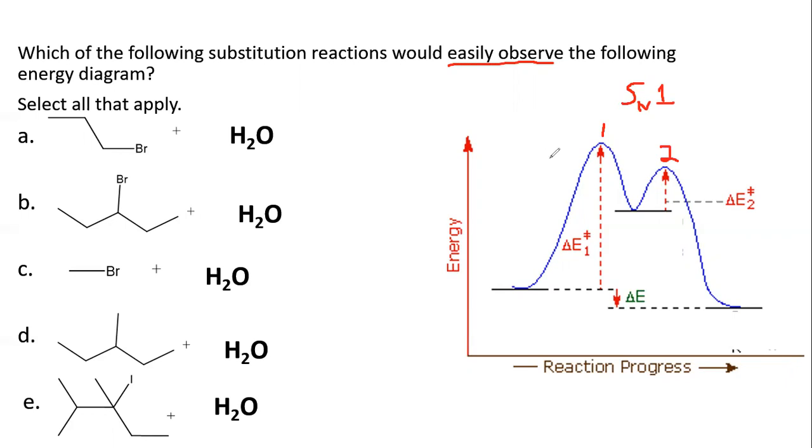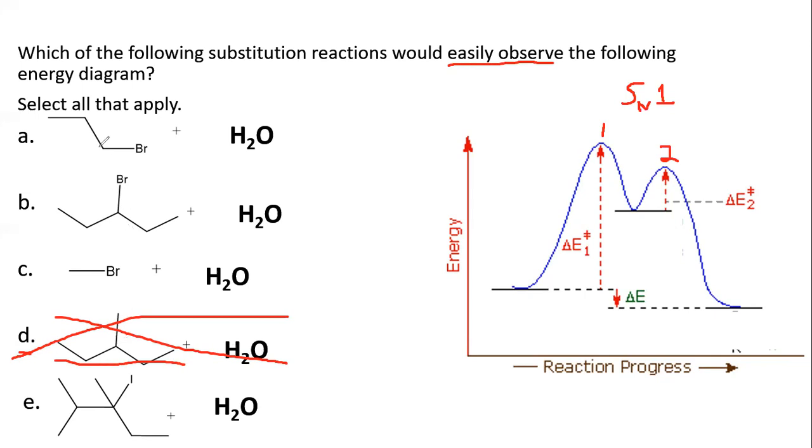Now, the lowest activation energy for an SN1 reaction is the most substituted alkyl halide. So if we look through here, we're looking at alkyl halides, but hey, D, there's no halide on it. So D we can disregard.